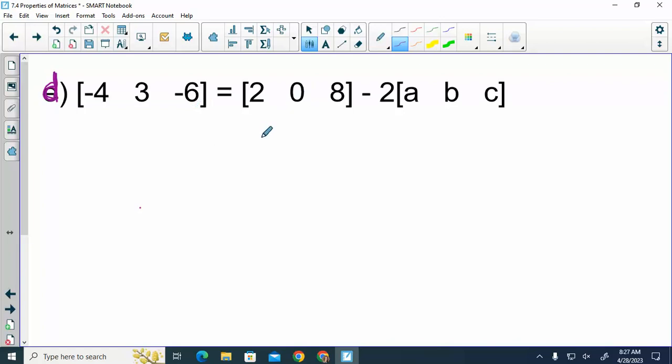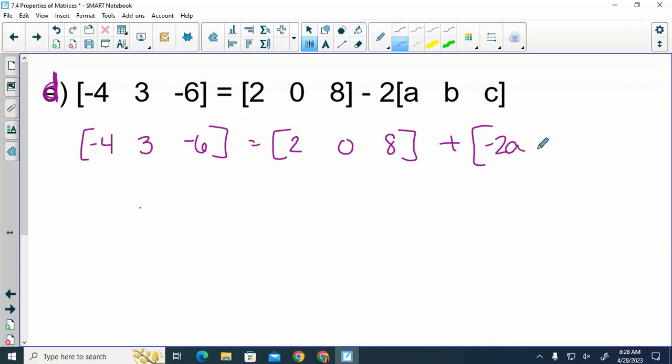So what do you guys want to do? Multiply it. Okay. So the first option I heard was to distribute first. Since that's a minus 2, let's go ahead and just distribute negative 2. So we have negative 2a, negative 2b, negative 2c.